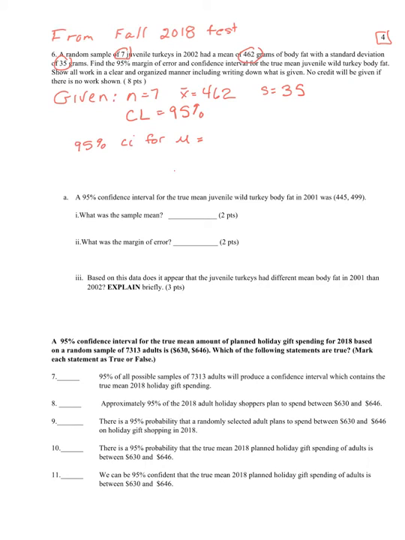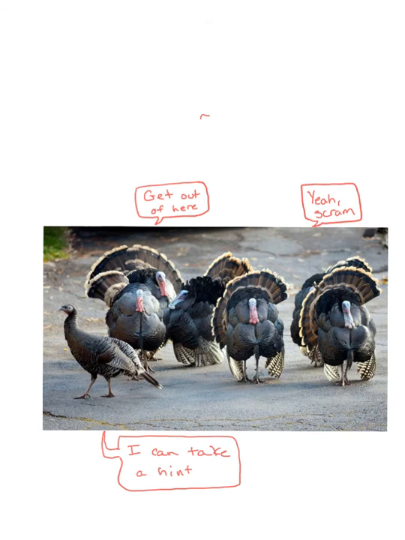So our formula for a 95% confidence interval for mu, the true mean, equals x bar plus and minus t star times s over the square root of n. So we know x bar, s, and n. What we need is t star, and then we'll have everything we need.